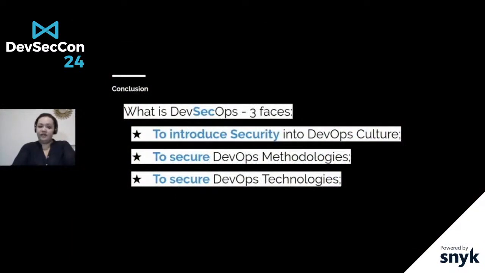First, let's revise what is DevSecOps, following Guy's concept of DevSecOps three phases. DevSecOps is to introduce security into DevOps culture, to secure DevOps methodologies, and of course, to secure DevOps technologies as well.